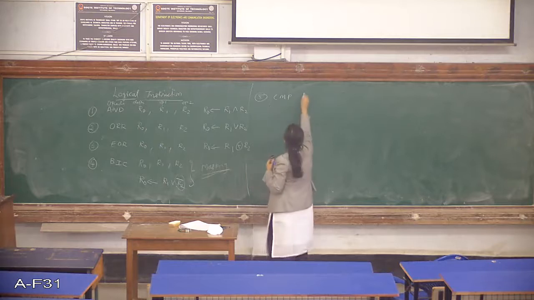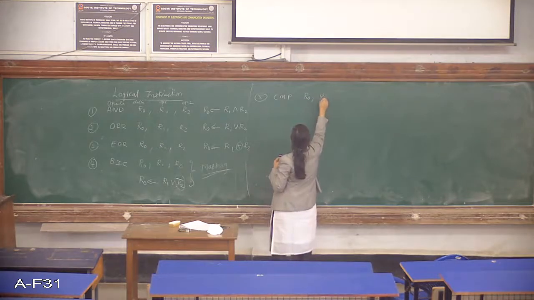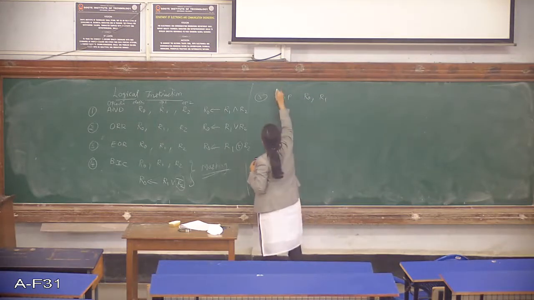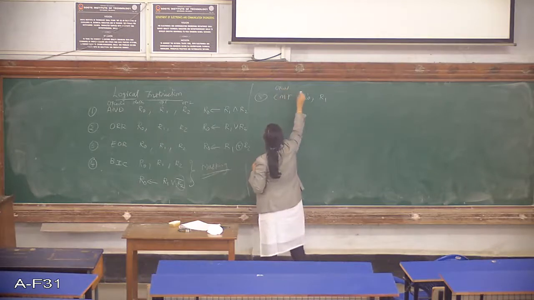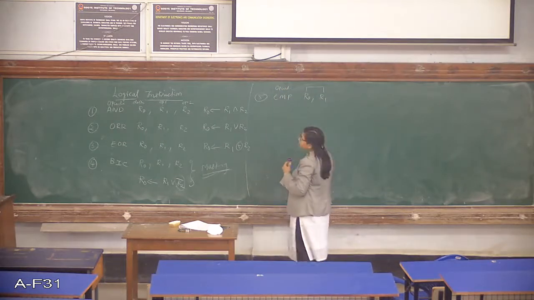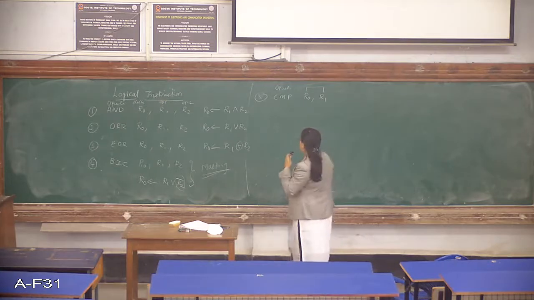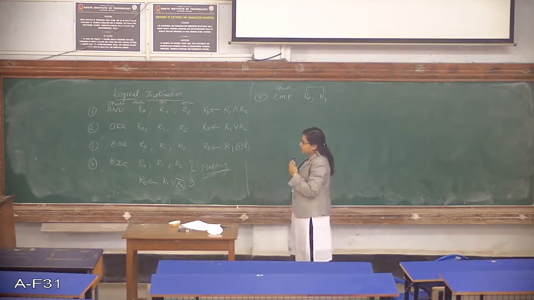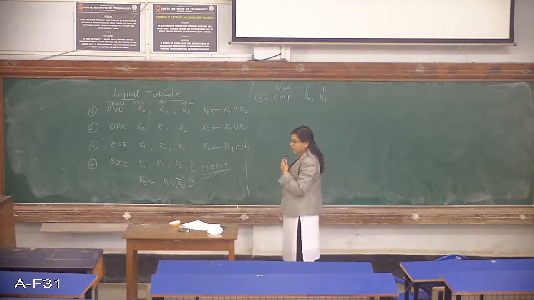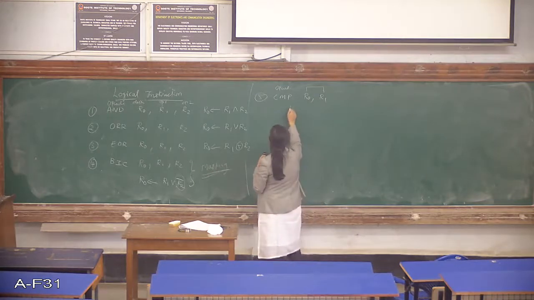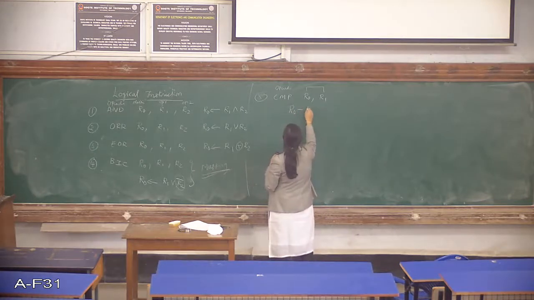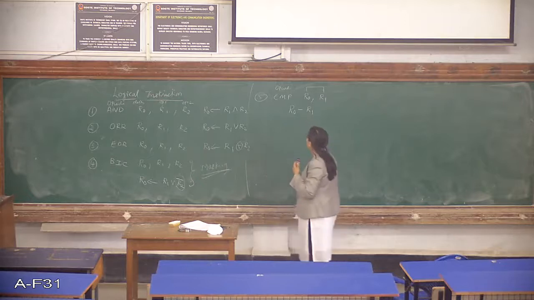We write it as CMP R0, R1. CMP is the opcode, and these are the operands which we need to compare. When I am comparing two registers, basically what operation we perform is R0 minus R1, subtracting R1 from R0.